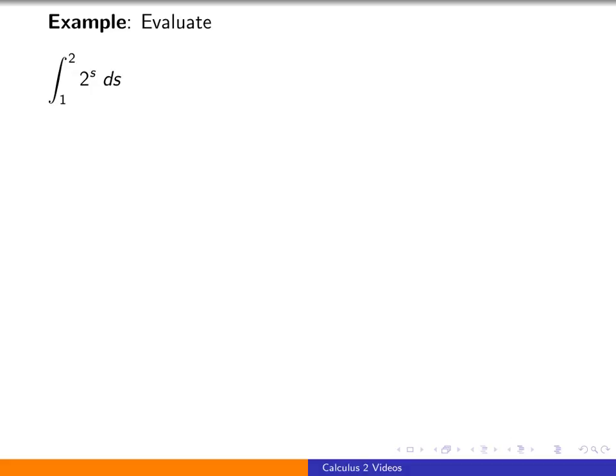All right, so a second example here, a definite integral. To anti-differentiate 2 to the s ds, s is our variable of integration, and recall it doesn't matter which variable we use, s, x, t, as long as we're consistent throughout. Using our formula, the antiderivative of 2 to the s would be 1 over the natural log of 2, times 2 to the s, and by the fundamental theorem of calculus, we evaluate from 1 to 2.